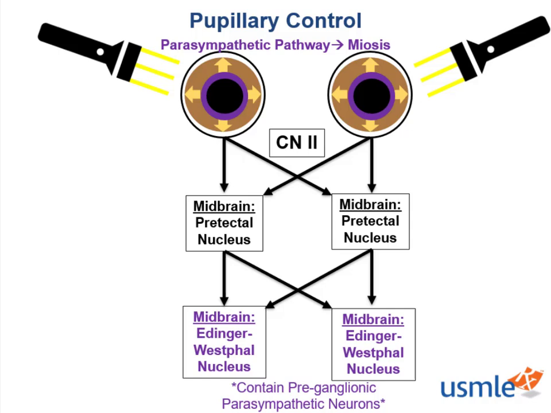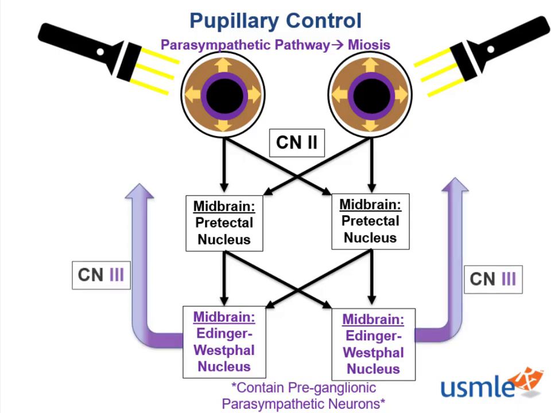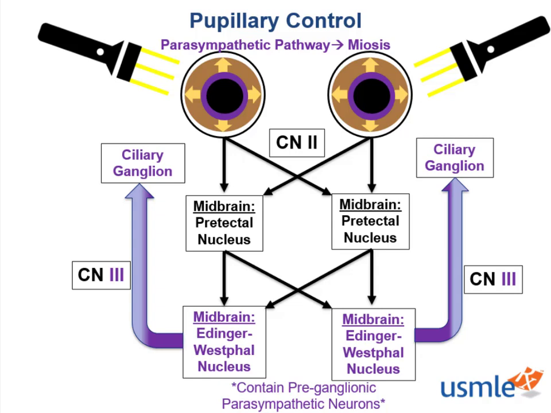From the Edinger-Westphal nuclei, preganglionic parasympathetic fibers hitch a ride on bilateral cranial nerve 3, oculomotor nerves, to the ciliary ganglia. Of note, cranial nerve 3 is only partially purple because it carries parasympathetic fibers, but mainly contains motor fibers to control extraocular muscles.